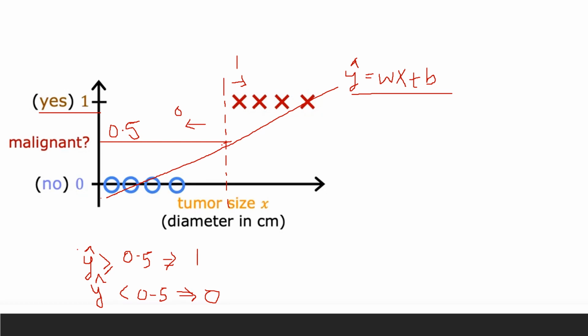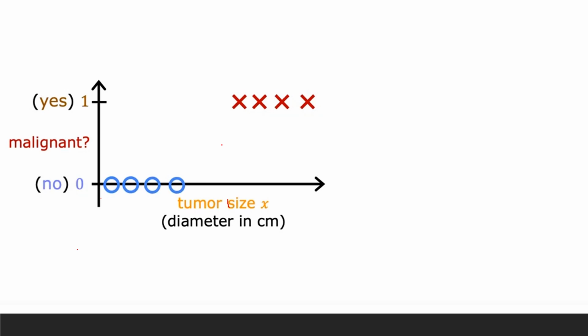By seeing this, we can determine that linear regression is not so bad for classification problems. But the problem is when there is a data point that is located here. Let me extend the x-axis. Now, what will happen is the best fit line for linear regression will be this line.